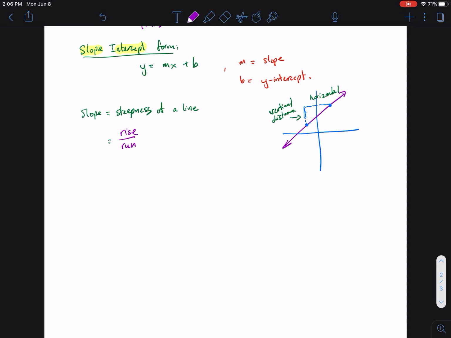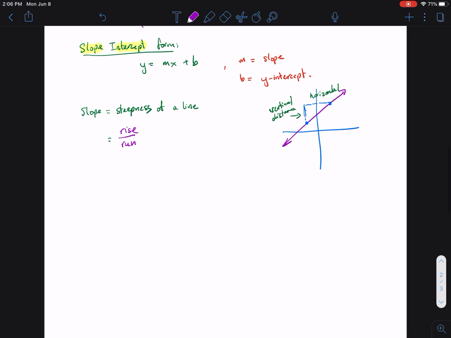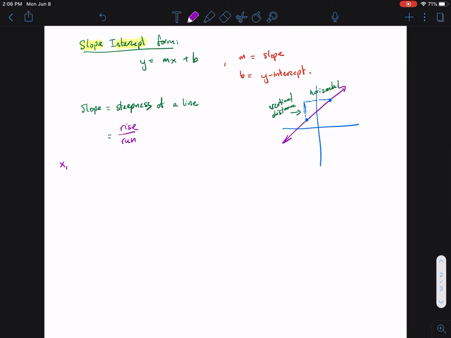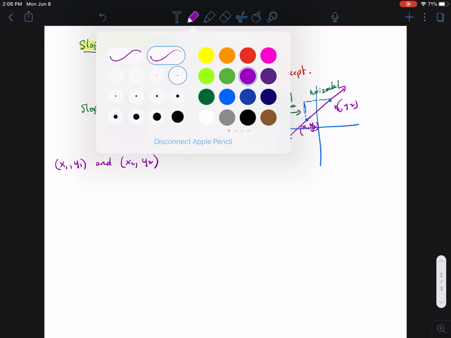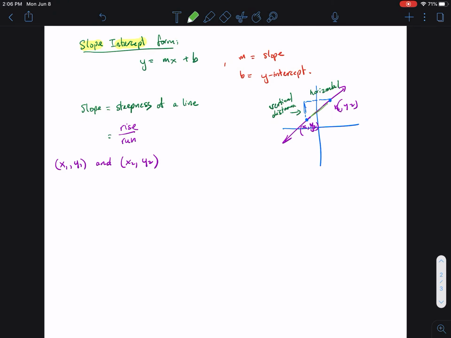If we have 2 points, let's say x1 and y1 are the coordinates of the first point, and x2 and y2 are the coordinates of the second point, and we try to measure the steepness of this line, we calculate the rise and the run.